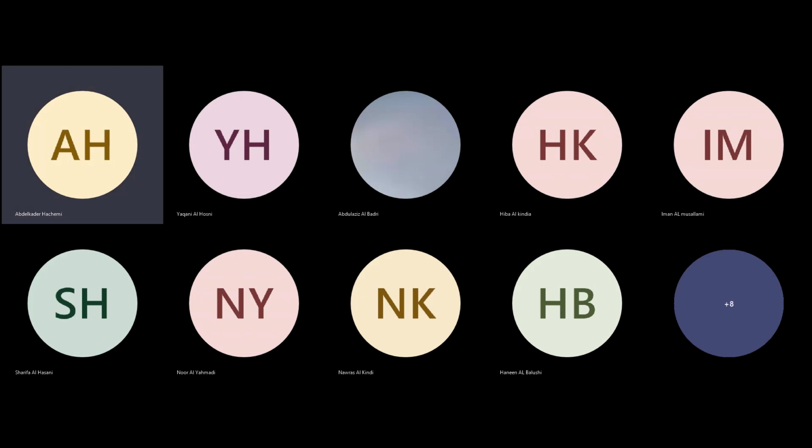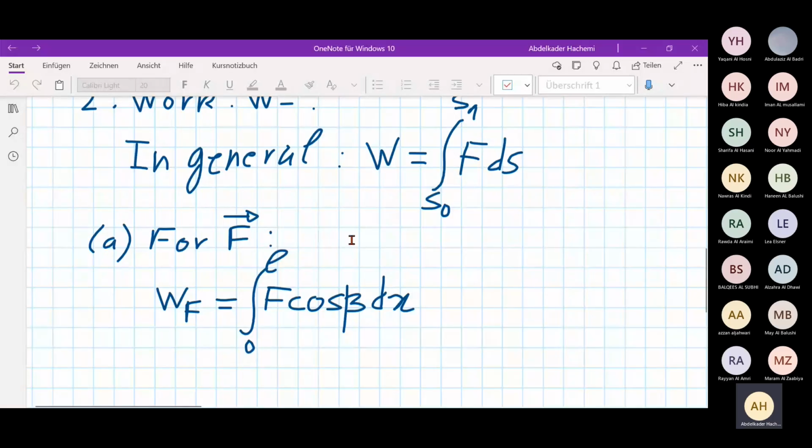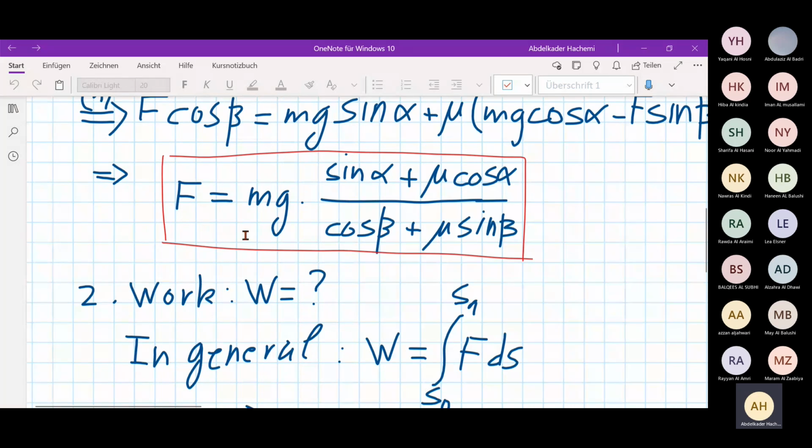Now, return back to the equation. Here, if we integrate dx, this is constant, cosine beta, F, its own constant. As you can see, it depends only on constant variables. M is constant, G is constant, alpha constant, beta constant.